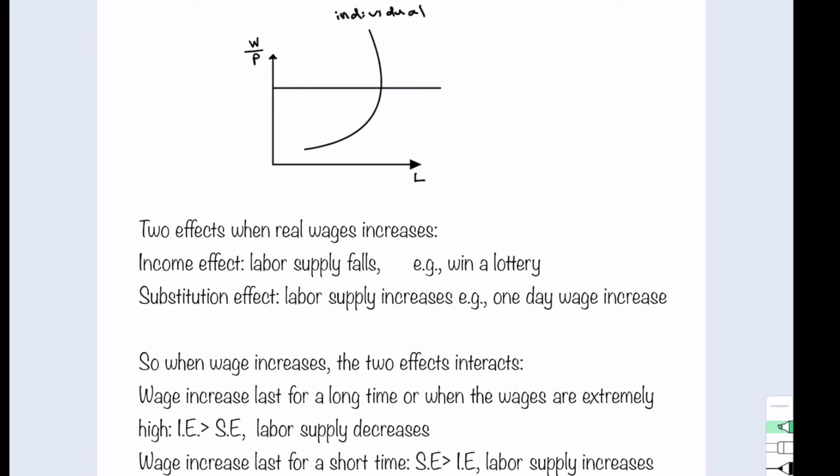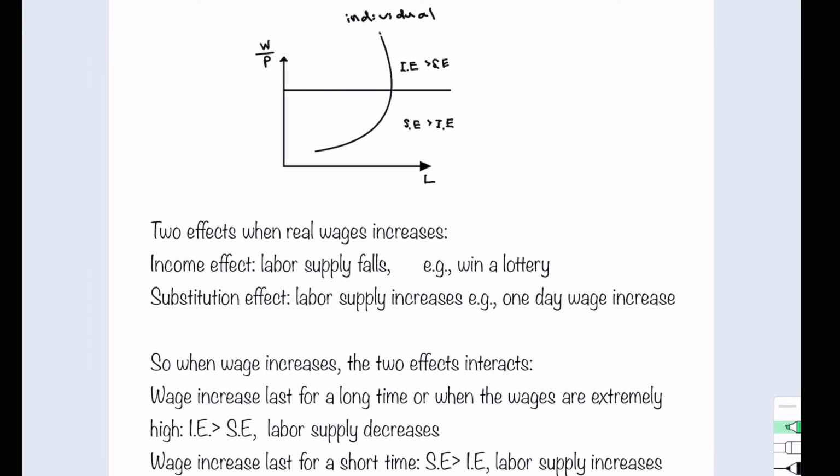That is, when the wage rate is low, it tends to be the case that the substitution effect will dominate the income effect. But once the income level or the wage rate exceeds a certain level, then the income effect will dominate the substitution effect.